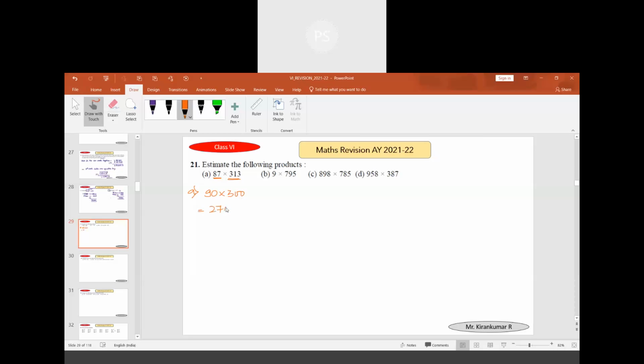So 27 followed by 3 zeros, 27,000 is the answer. In the next one, we round off this number, which is 10, and this number becomes 780, rounded to 800. Multiplied by 10, that is 7800.